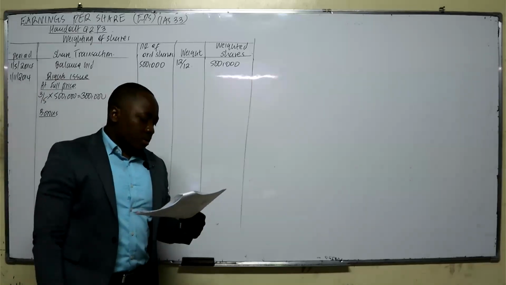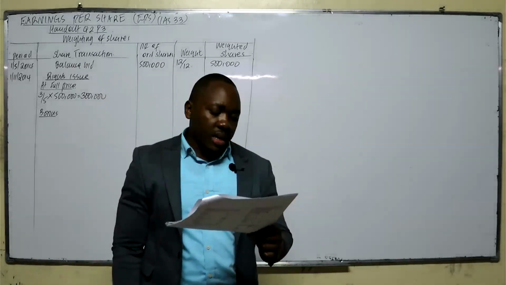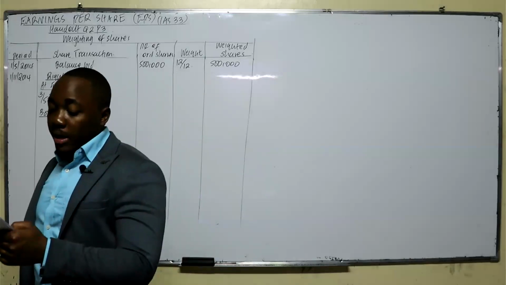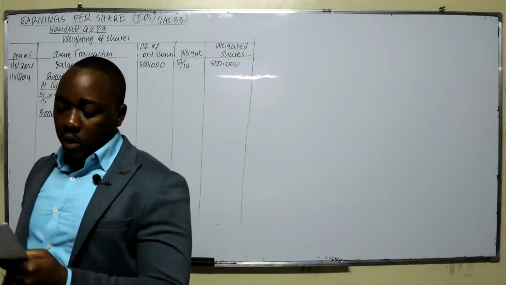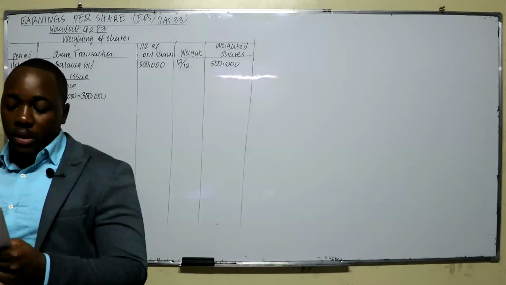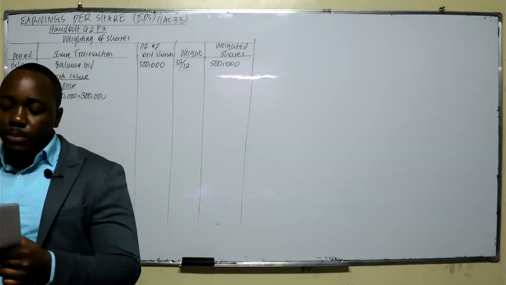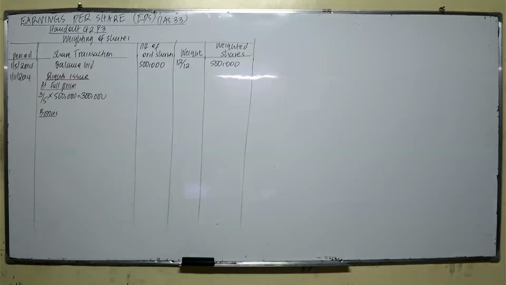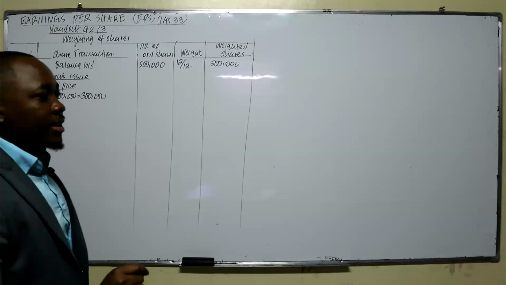The company concluded a rights issue of 3 ordinary shares for every 5 shares held at an exercise price of 28 shillings per share. The market price per share just before the rights issue was 35 shillings per share. So the market price was 35, but they issued at 28.